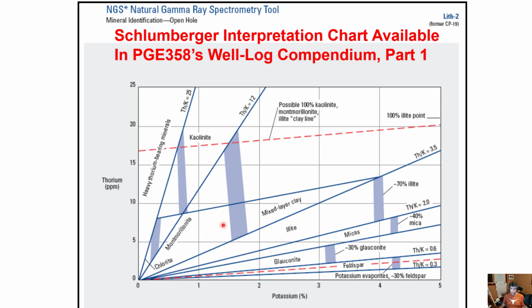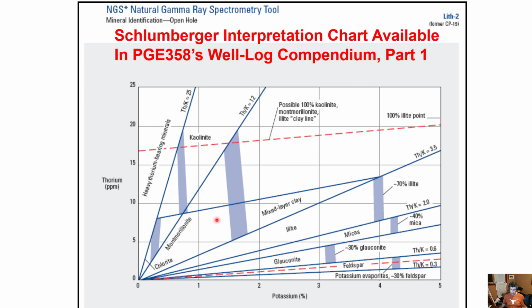We know that as the point gets closer and closer to the origin, that means that the volumetric concentration of shale is approximately 0. That means that your rock is shale free. That means that you have a clean rock. As your point of spectral gamma ray logs plotted here gets farther and farther away from the origin, that means that you're getting into high volumetric concentrations of clay minerals.